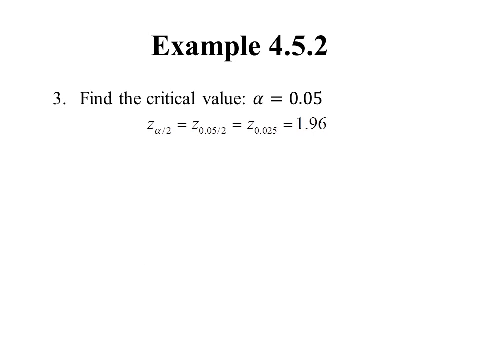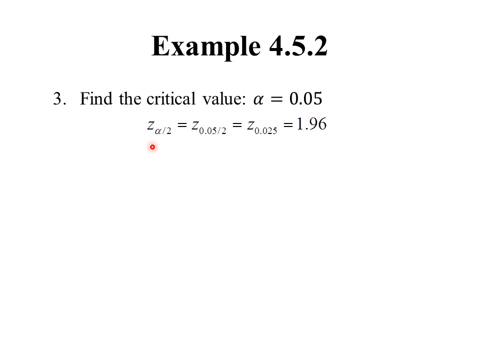The third step is to find the critical value. Now, to find the critical value, we first need to identify the significance level. That's denoted alpha. Now, what we're given in the problem is to use a 95% confidence level. Remember, the confidence level is just 100 times 1 minus alpha. And so if the confidence level is 95%, that means alpha is 0.05.